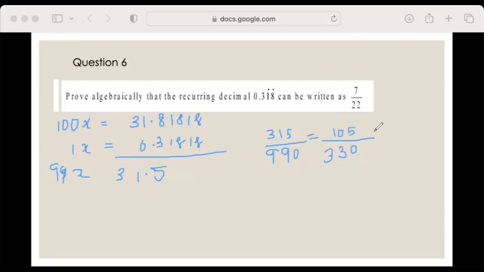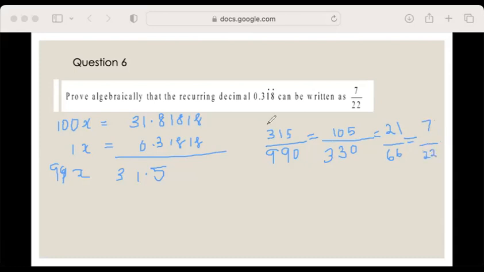Now we can divide by 5. 105 divided by 5 is, sorry, 21. And 330 divided by 5, you will get 66. Now, both 21 and 66 can be divided by 3. 21 divided by 3 is 7, and 66 divided by 3 is 22.